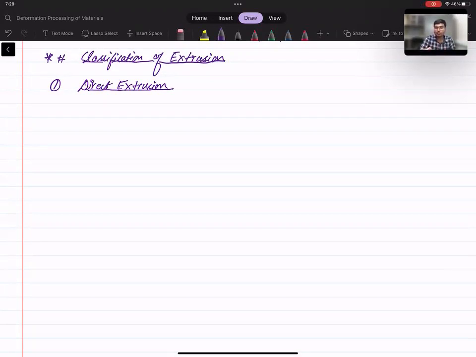Extruded product is also known as extrusion directly. So the direction of motion of ram and the direction of motion of the extrusion are same in case of direct extrusion. Okay, so let us see through the schematic diagrams how these processes appear.